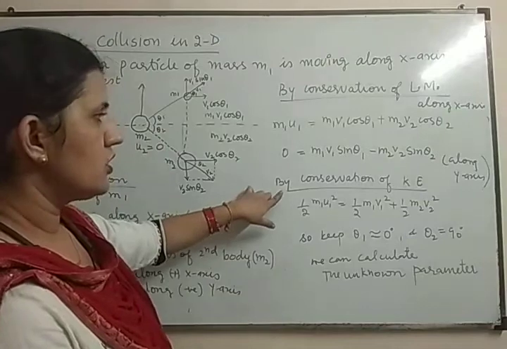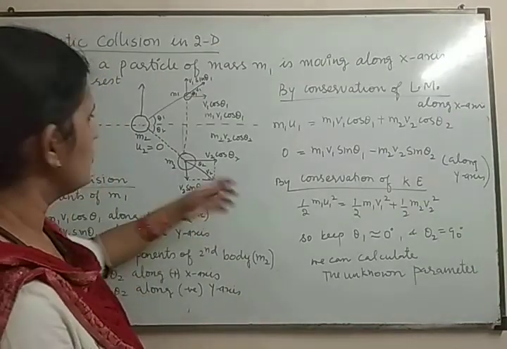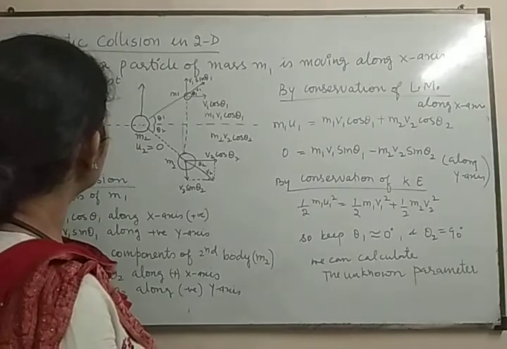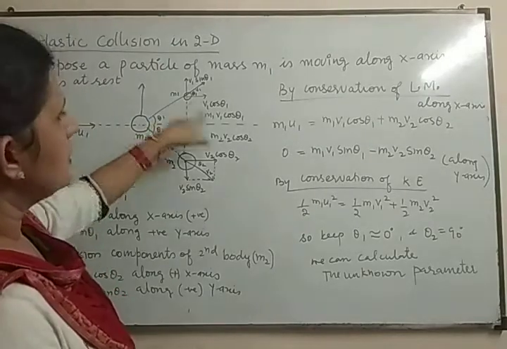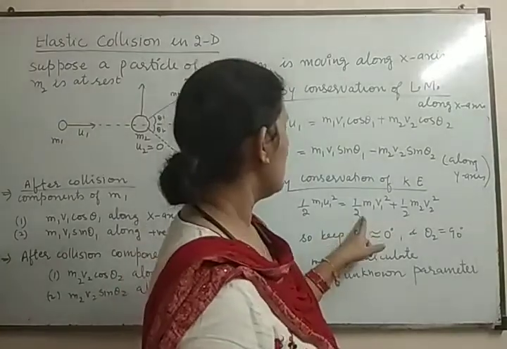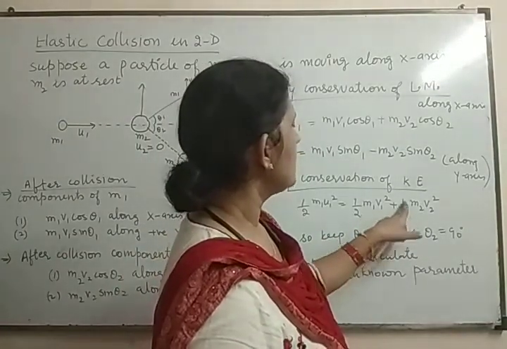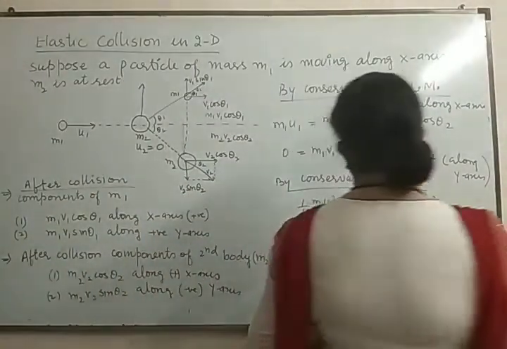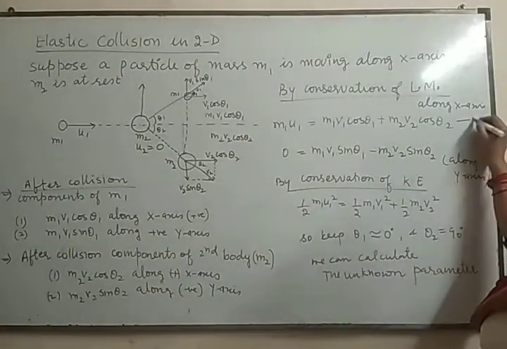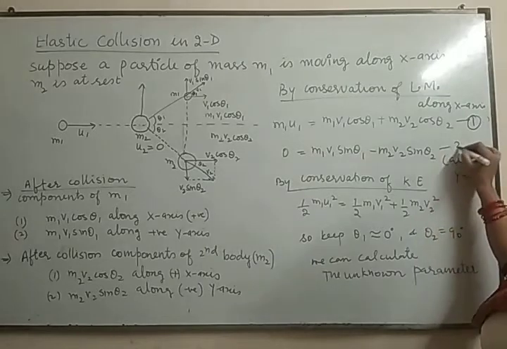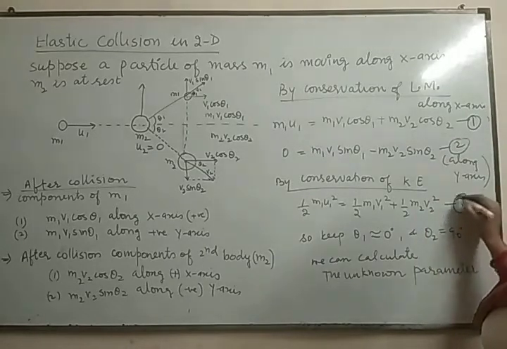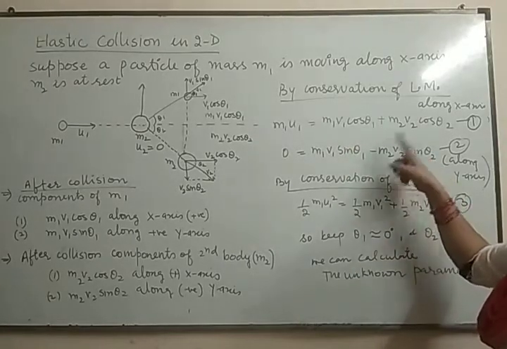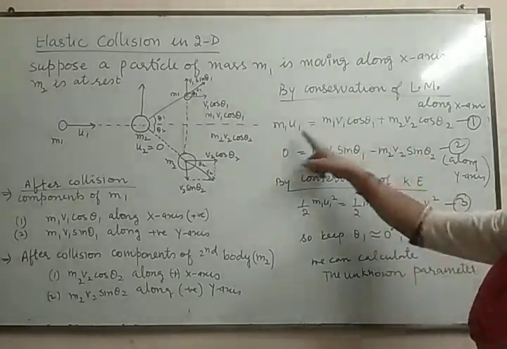And now the conservation of kinetic energy. As I told you, the second body is at rest with no kinetic energy, and the first has half m1 u1 square. After collision, the kinetic energy is half m1 v1 square plus half m2 v2 square. You now have three equations, equation 1, equation 2 and equation 3, but the parameters are more: v1, v2, theta 1, theta 2, u1.